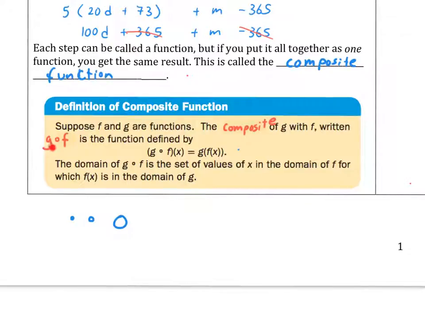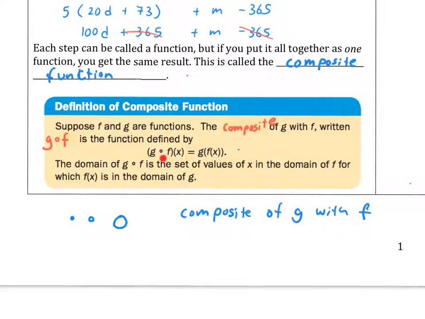Yes, it might look like you're writing g of f or f of g, whichever way you write it, because we are going to switch them. But we read it more like this. We write the composite of g with f, or the other way around, f with g.